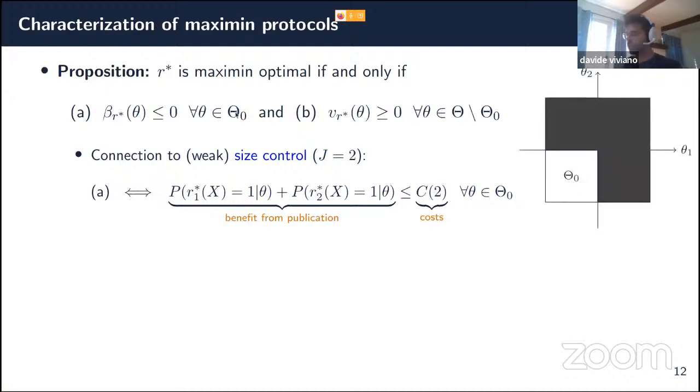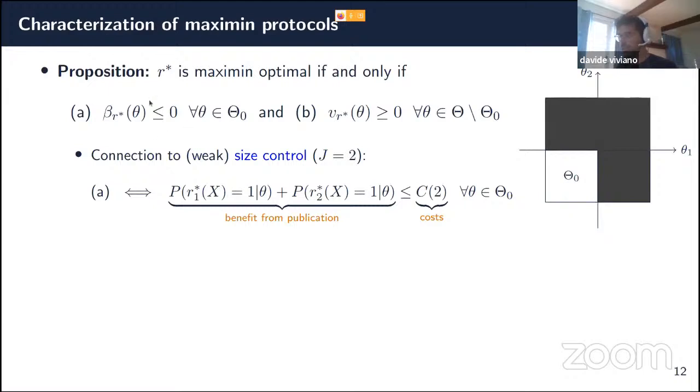Now let me try to give you a visualization in a two-dimensional setting where we have a theta 2 and a theta 1. Now what is theta 0? Theta 0 is the configuration of treatments where both treatments are negative. So in this plot, theta 0 is the negative orthant where both theta 2 and theta 1 are negative.